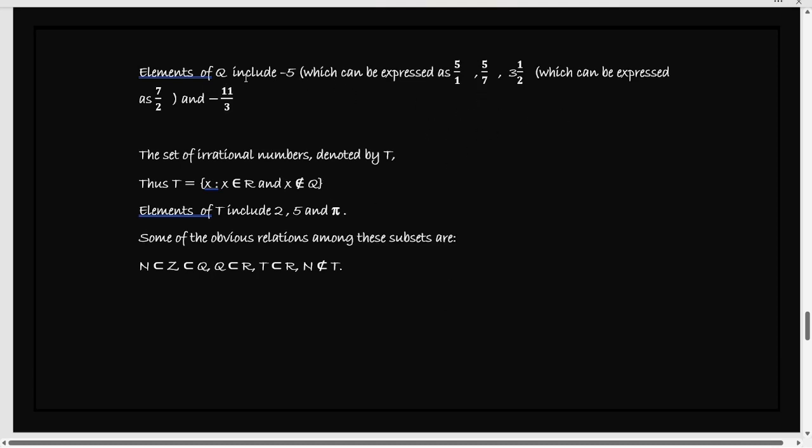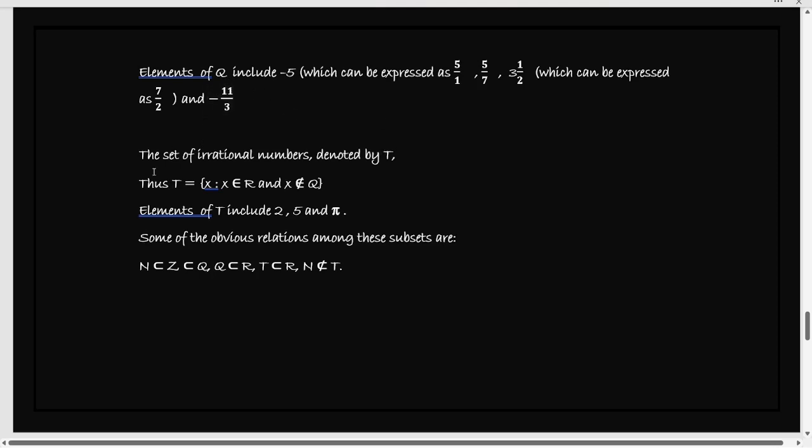All the elements which can be represented on the number line, like 5 by 1, which can be expressed in the form of a fraction p by q, q not equal to 0, fall under the rational numbers, denoted by Q.